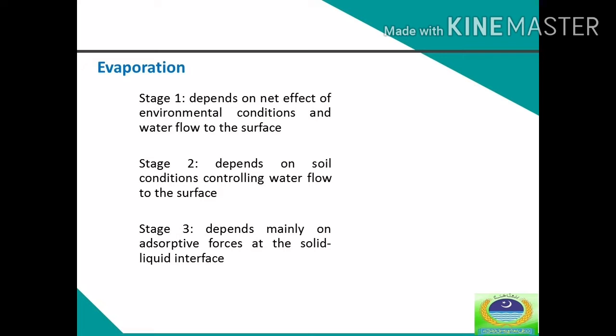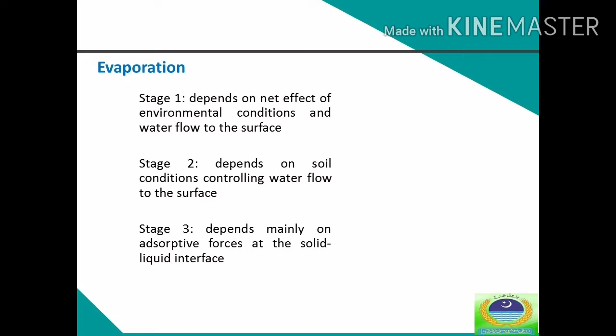During the third stage, when water moves to the surface as vapor, the rate of evaporation is low and it is controlled mainly by adsorptive forces at the solid-liquid interface. If we have to decrease the rate of evaporation, the greater potential lies in the first two stages.